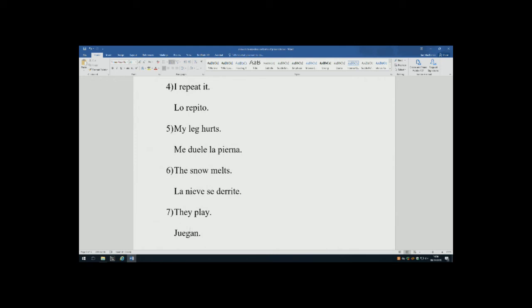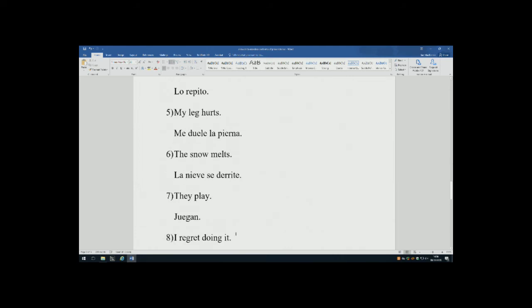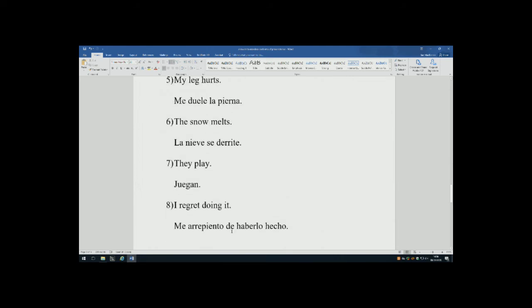What do you have? Very good, that's right. You want de plus the infinitive, not the gerund. So, me arrepiento de haberlo hecho. Yeah? I regret to have done it. So be careful, English often has a gerund, the ing form, where Spanish requires the infinitive, haber.